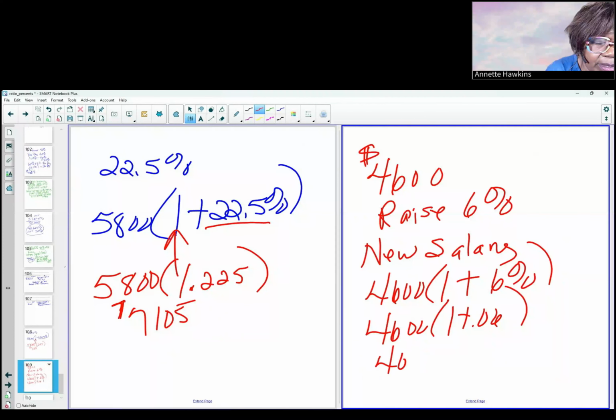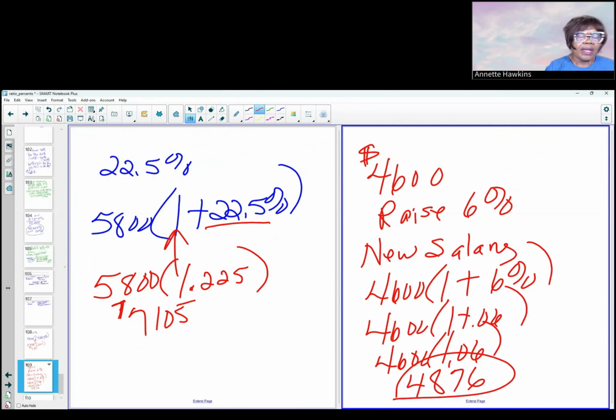So 4,600 times 1.06. And that would take care of the original plus the percentage. So that would be $4,876. Okay.